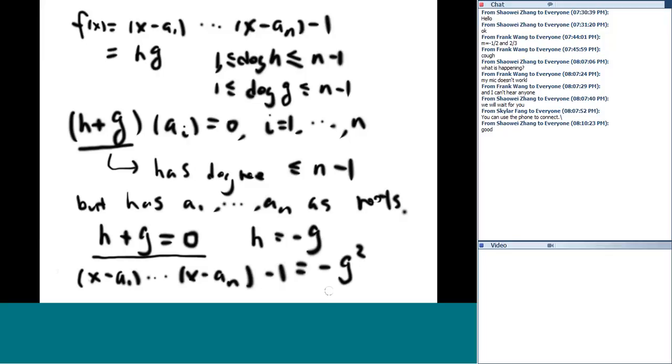Then it will be interesting. So anyway, n has to be even. Then minus g squared. Okay, let's move to the next page.